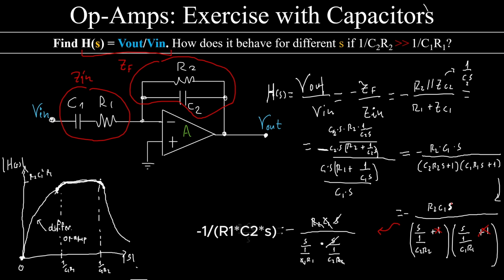Then, from this point all the way to here is a band pass filter between these two frequencies. And then, somewhere higher than this frequency, let's say 10 times and onwards, this whole thing behaves as an op-amp integrator.